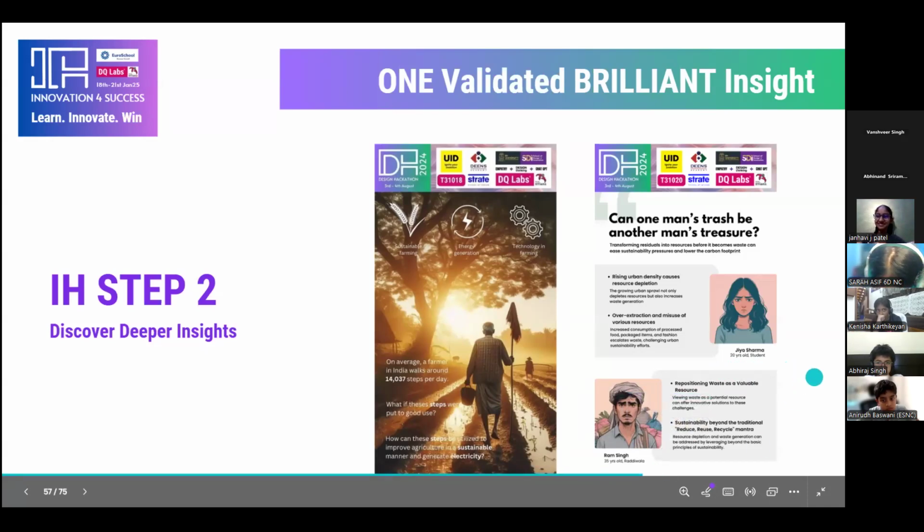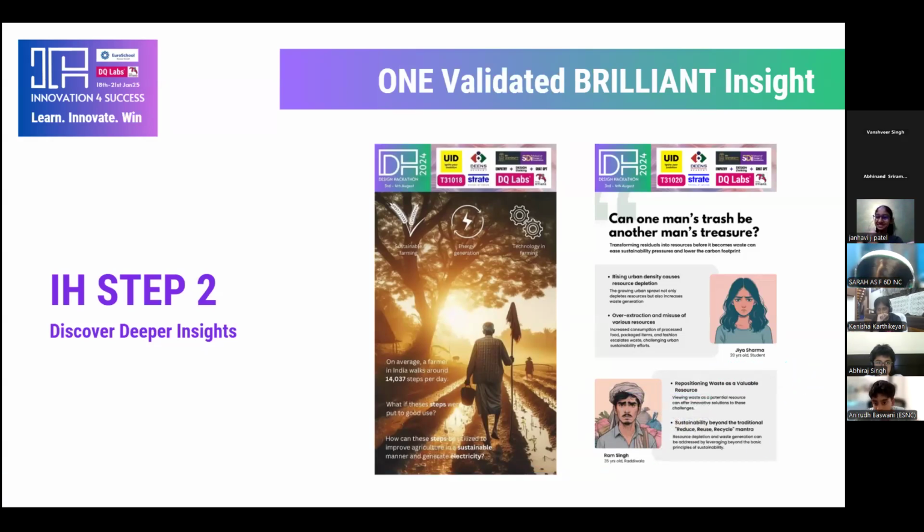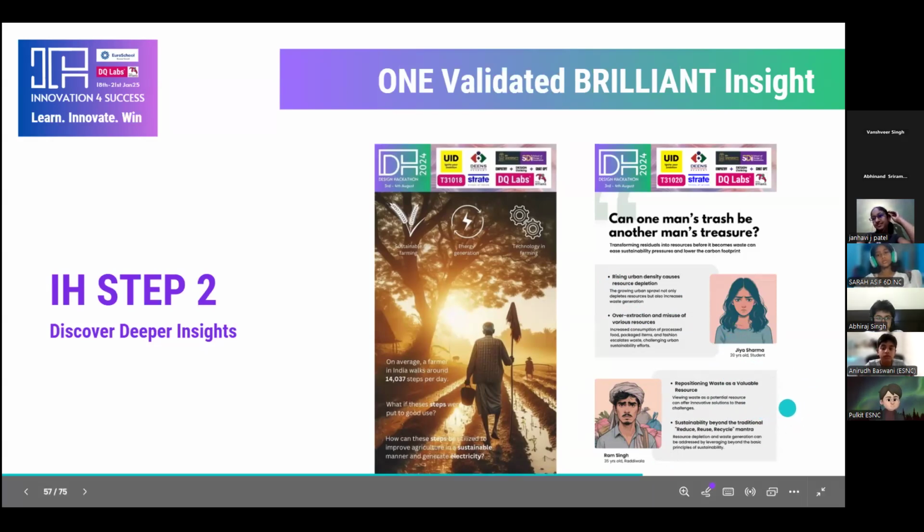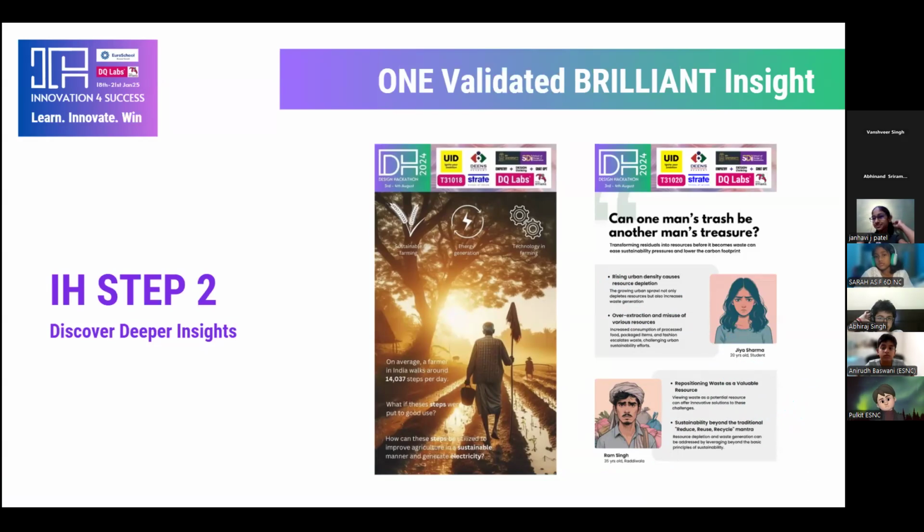So these are two very different characters, and here they've tried to understand how each of these characters are being affected by the problem. So this is what you're also supposed to do. You will be getting ChatGPT prompts, which will help you understand this process better.